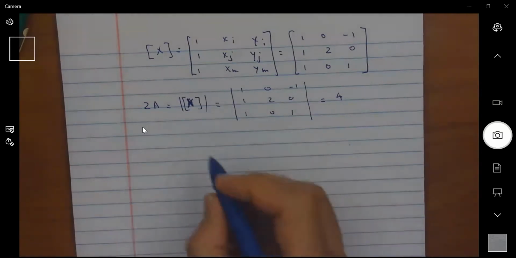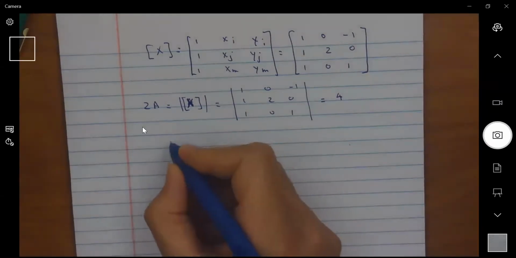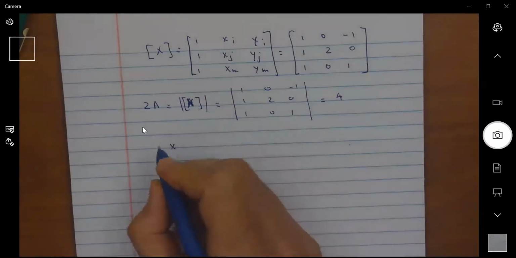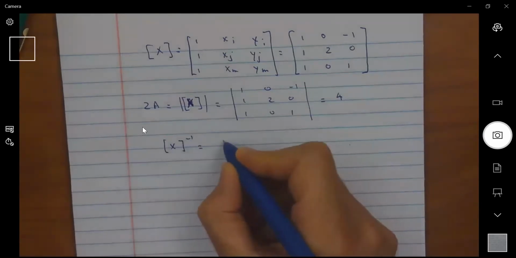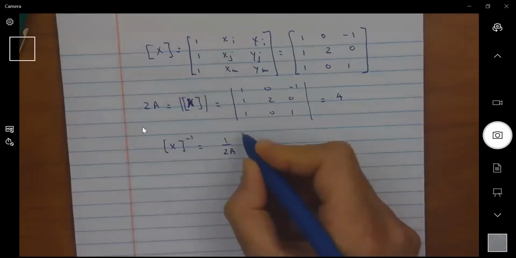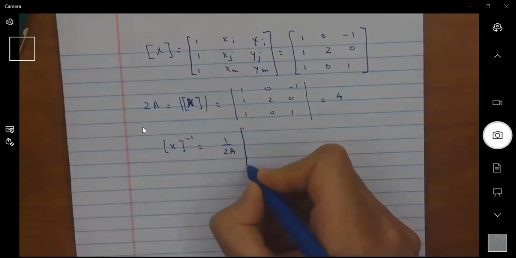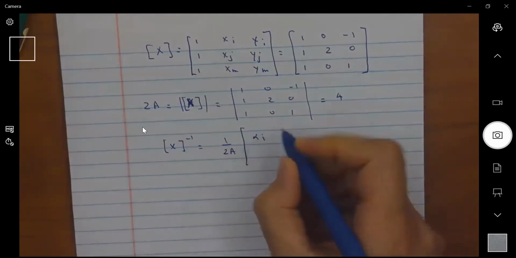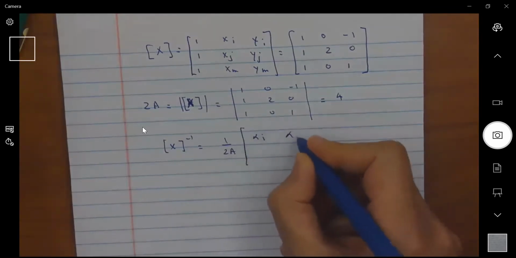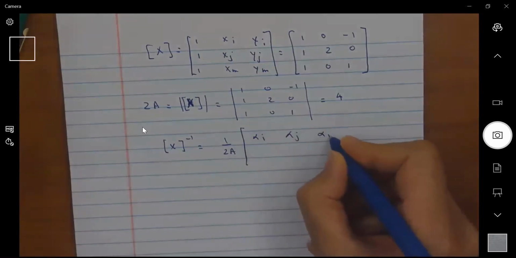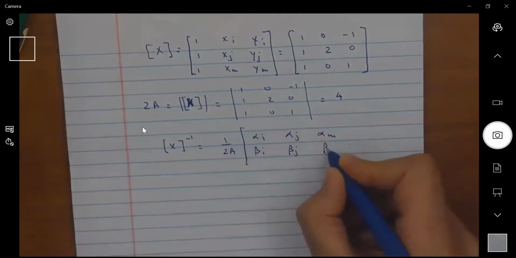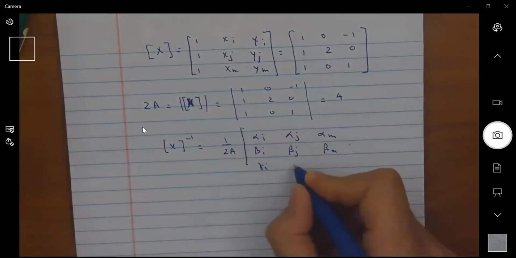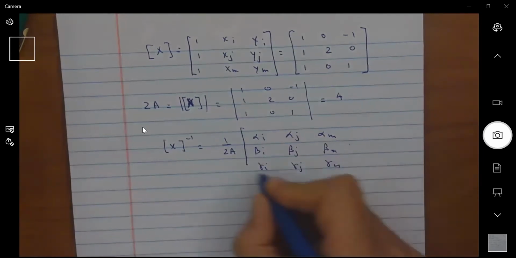And as I mentioned, it is worth noting that the inverse of X is equal to 1 over 2A multiplied by alpha I, alpha j, alpha m, beta I, beta j, beta m, gamma I, gamma j, and gamma m.